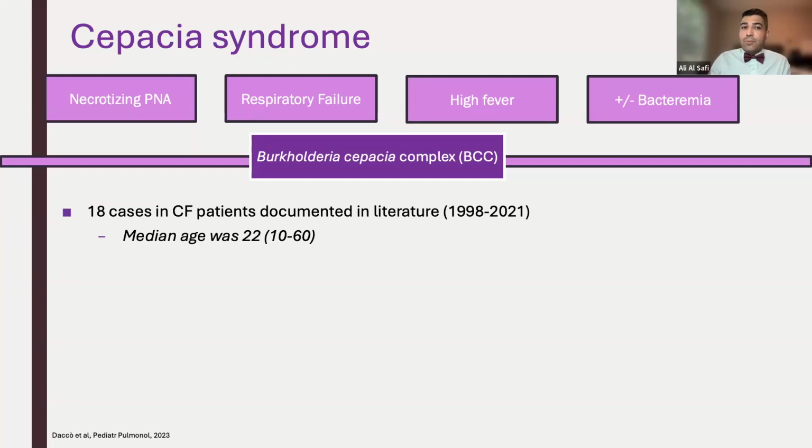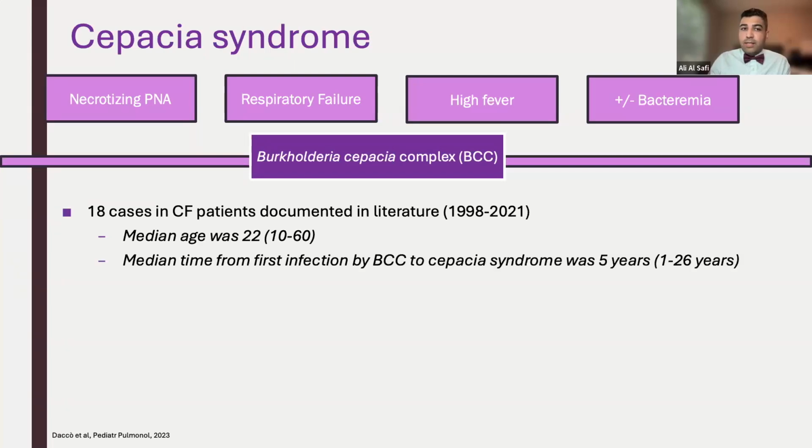The median age was 22 years old, and the median time from the first infection with that bacteria to the development of cepacia syndrome in that cohort was 5 years. And the bacteremia or bloodstream infection with that bacteria was identified in 11 cases out of 18.